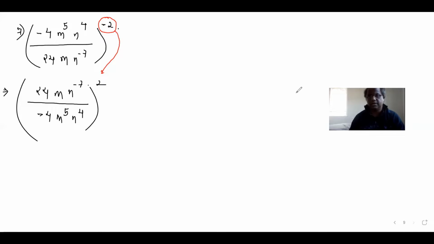So what I will do is first focus inside the bracket, and this will be 6. Here I will use the product rule and quotient rule. So minus 6, n raised to minus 4, n raised to minus 11, raised to 2.